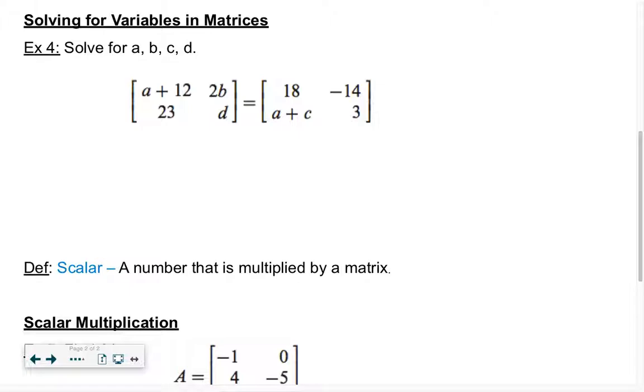Another good example. Notice the sign in between those two matrices is an equal sign. Let's start with this D. What do you suppose the value of D would be? Yeah, corresponding parts, it's going to match up. So D is going to be equal to 3.